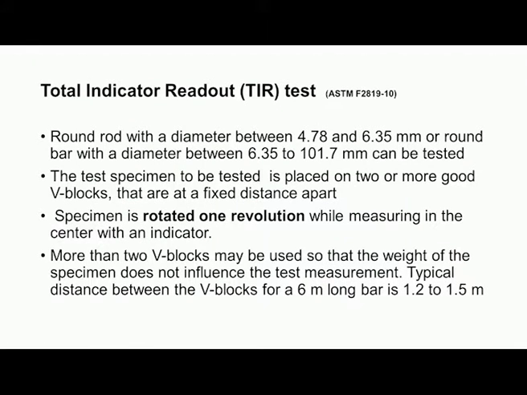Now, there is another test specified by ASTM, known as the total indicator readout test. This is applicable for round rods with the diameter ranging from 4.78 to 6.35 millimeter, or round bars with the diameter 6.35 to 101 millimeter.